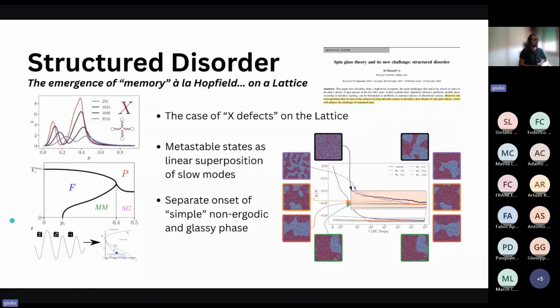Now, all of this framework can be played around with, starting to probe different kinds of correlated disorder, which is really interesting nowadays, especially with AI posing problems and understanding what's going on inside the black box at the dynamical level. For example, we started flipping crosses instead of single links.